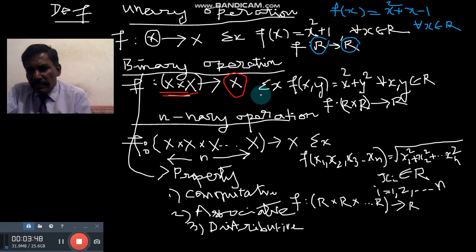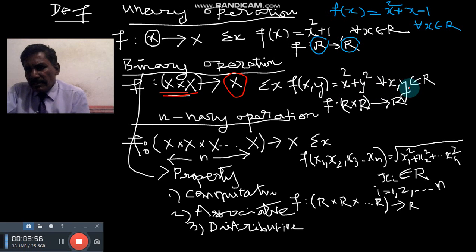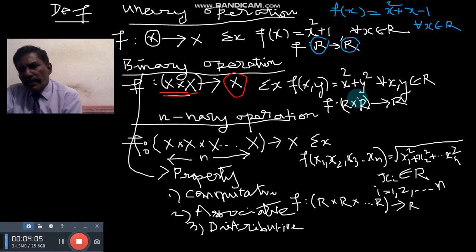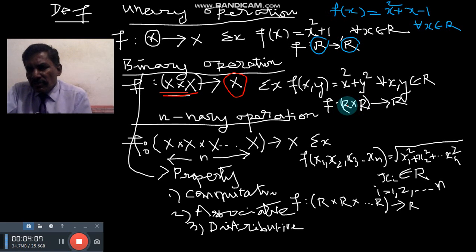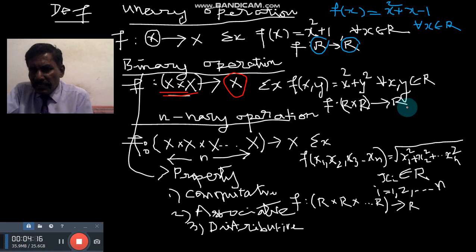A good example given here is f of x comma y equals x squared plus y squared for all x comma y belongs to R. Now look at this, the function f is from R cross R, that is the Cartesian product of the set of real numbers and the set of real numbers, and the codomain is only one set, the set of real numbers. Such a type of function we call it as binary operation or binary function.